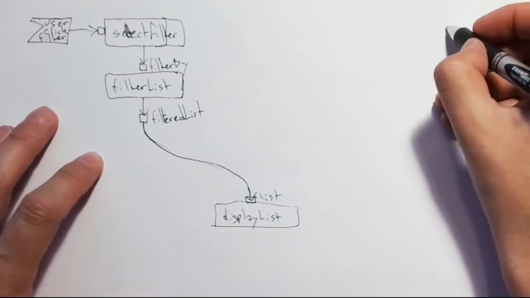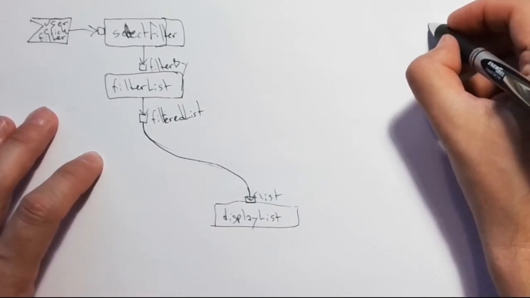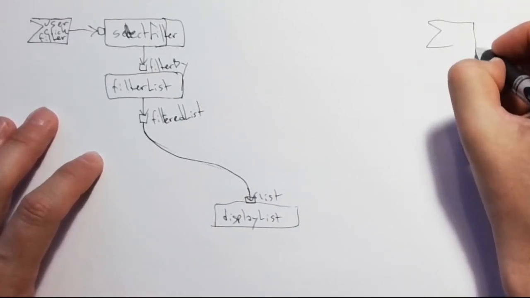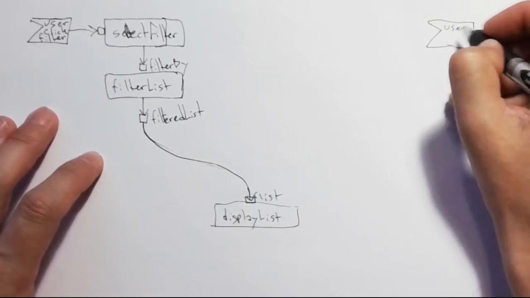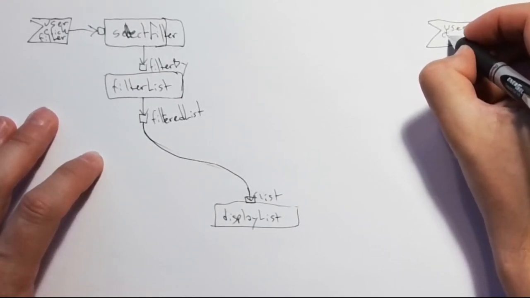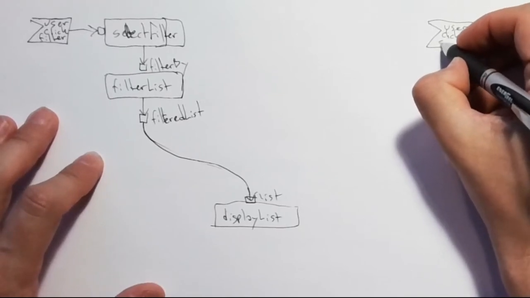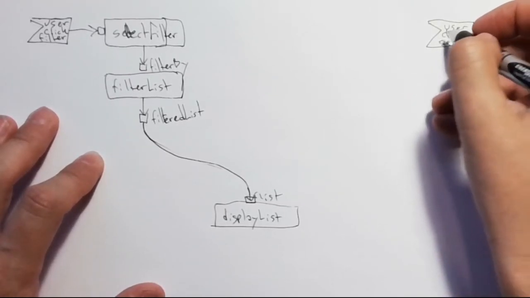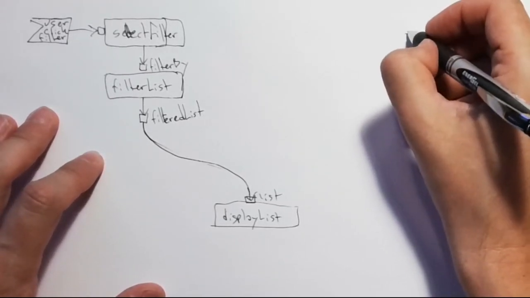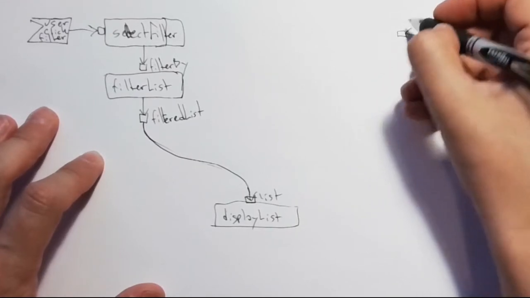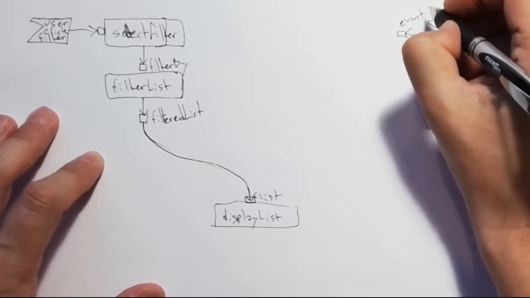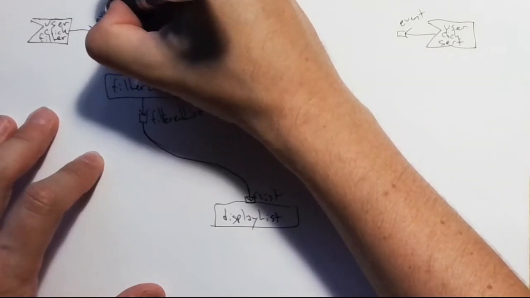And the same goes for the other one, where the user clicks the sort button, then it calls, that's an event. Let's just call this an event as well.